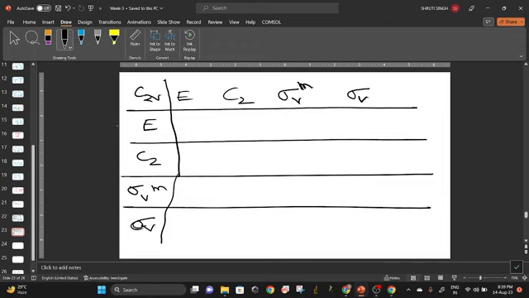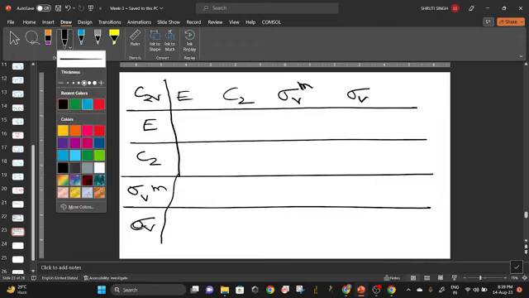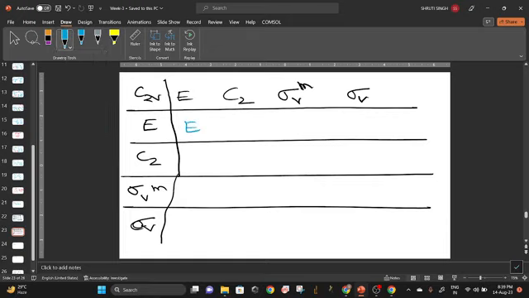Now E dot E will be E, C2 dot E will be C2, molecular plane dot E will be molecular plane, sigma V dot E will be sigma V. Now E dot C2 is C2, E dot sigma V is sigma V.